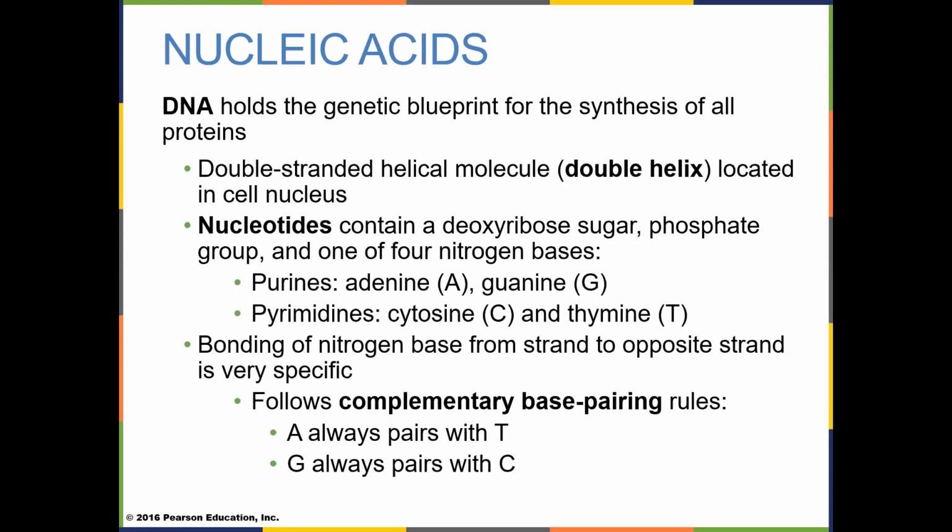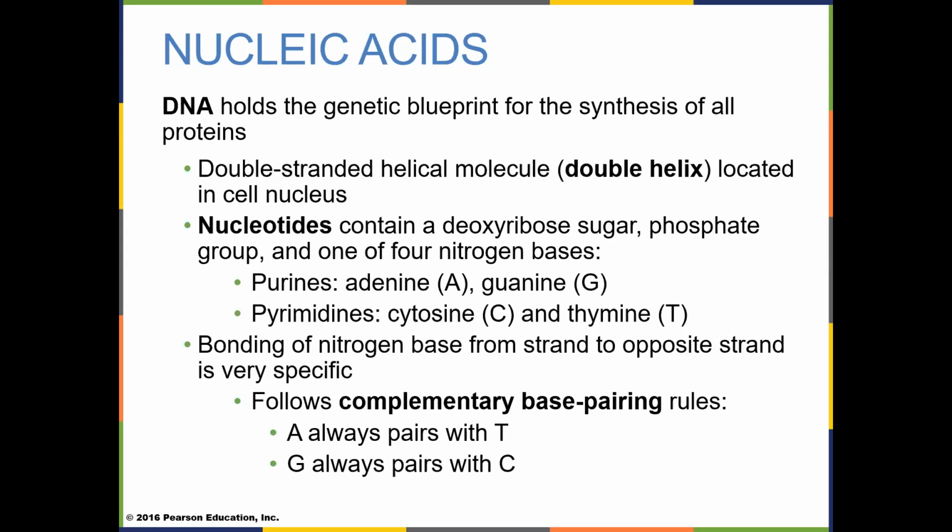It is a double helix. It has 2 strands side by side, linked together by the hydrogen bonds between their bases. The nucleotides here have a deoxyribose sugar, a phosphate, and one of 4 nitrogenous bases.